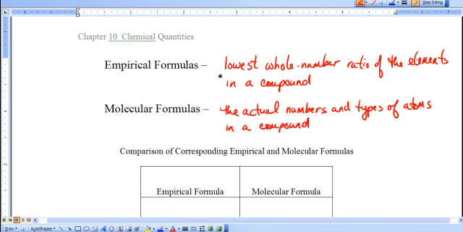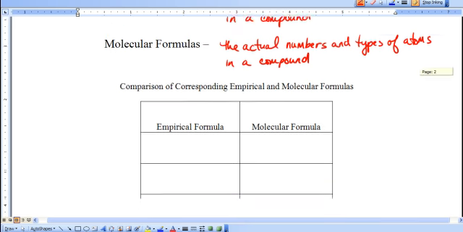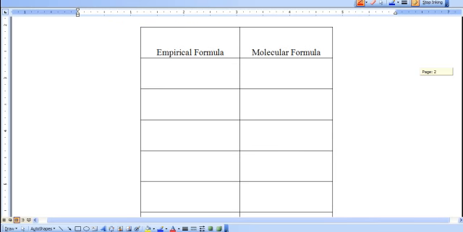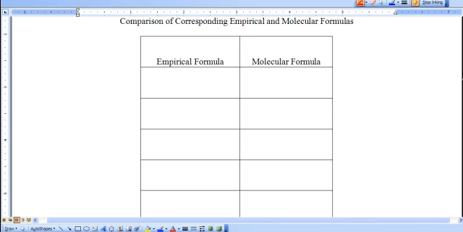Okay, I think it'd be a little bit easier if we did a comparison, and then I think you'll see the difference. It's actually a very simple difference between empirical and molecular formulas. All right, let's start off with a molecular formula. Start off with something simple. Let's go with, say, glucose. Glucose has a molecular formula of C6H12O6.